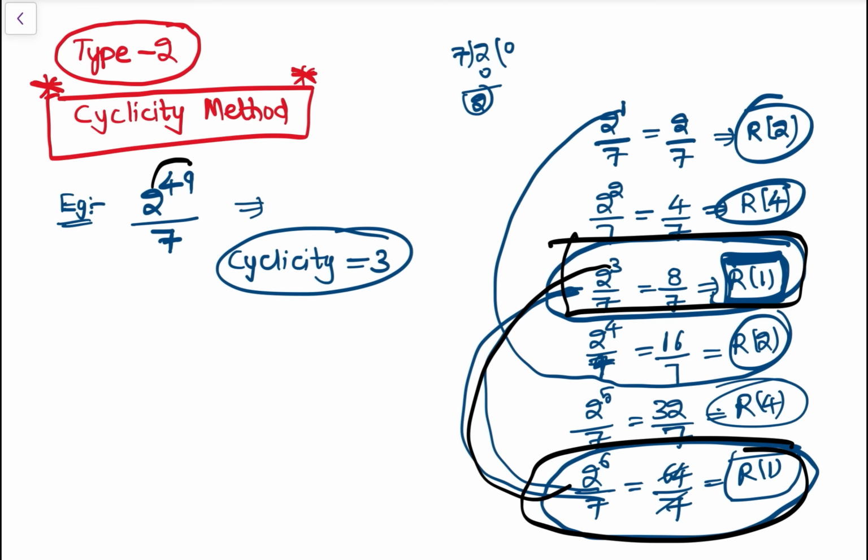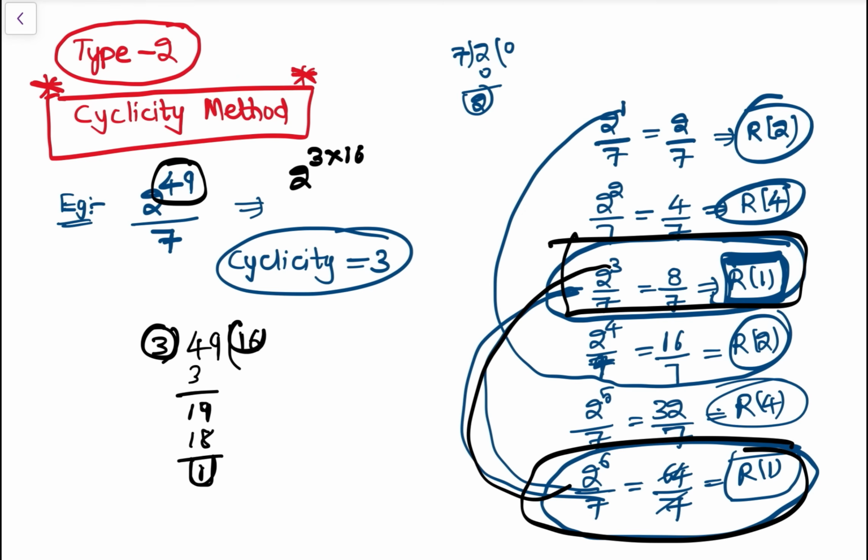Now ये 2 to the power 49 है, इसको अगर 3 से divide कर लिया, see 49 divided by 3. 3 1s are 3, so 1 9, 3 6s are 18. So remainder 1. So that means इसको ऐसा लिख सकते हैं: 2 to the power 3 into 16, see 3 into 16 is 48, 48 into 2 to the power 1 divided by 7.